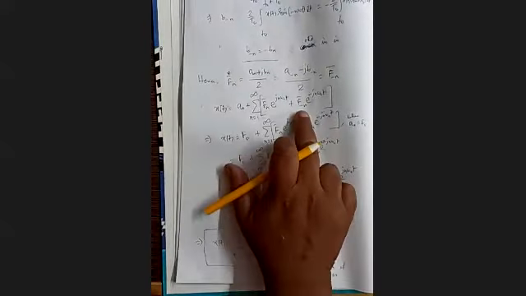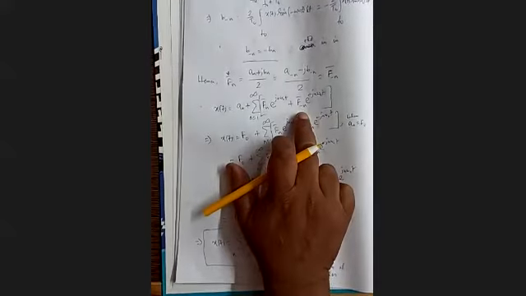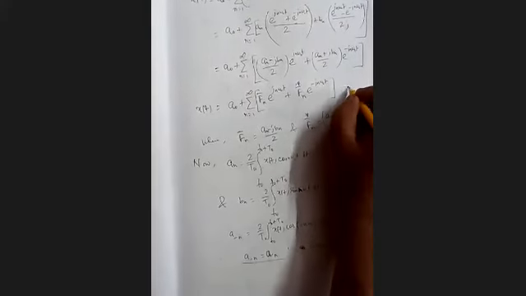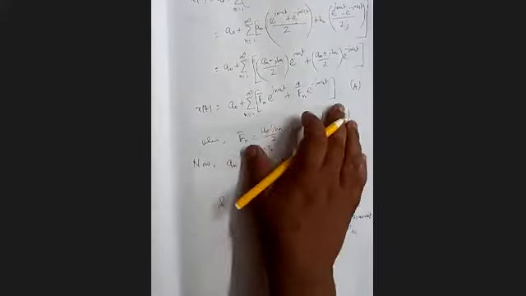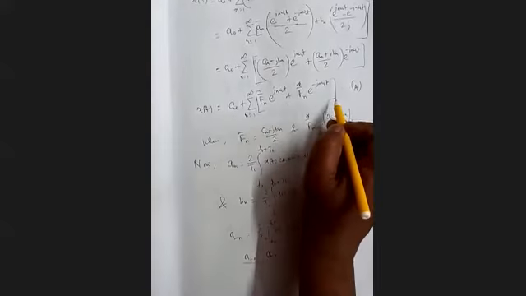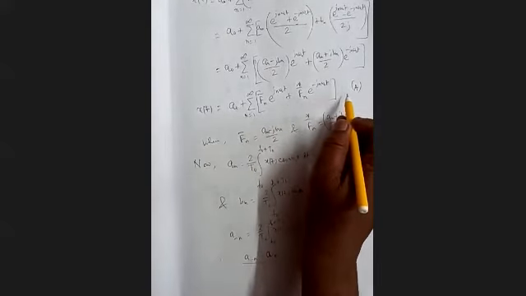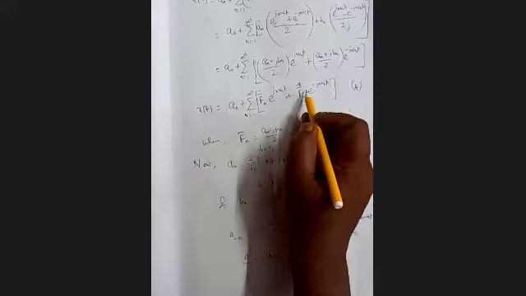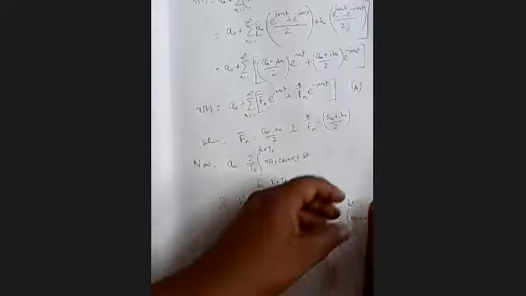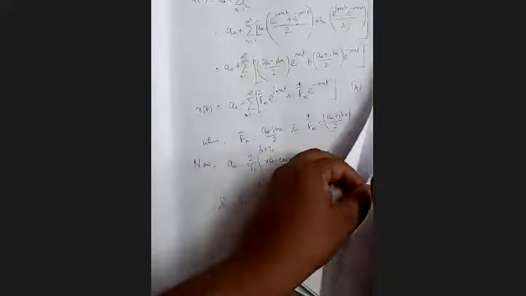Just one minute. Where is that? This one. So we call it relation A. x(t) equal to this, Fn bar, and Fn bar star. So recalling relation A.